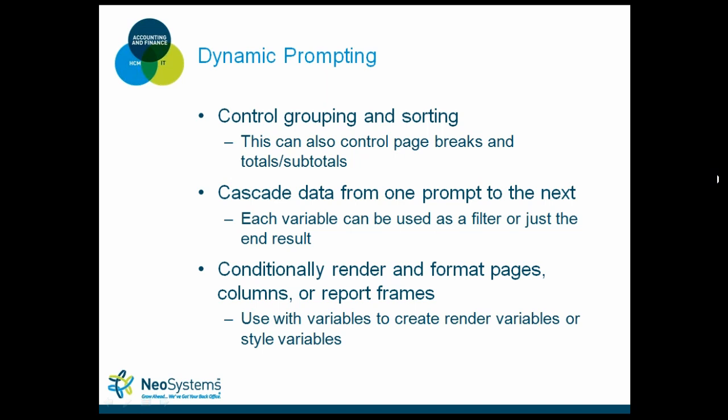Then we are going to look at the cascade types of prompts, where you have one prompt and the selection that a user makes in that prompt is the determinant for a secondary prompt. And the example we'll look at is the user enters the fiscal year. A lot of reports, you're going to want to have a filtering and a selection of fiscal year and period.